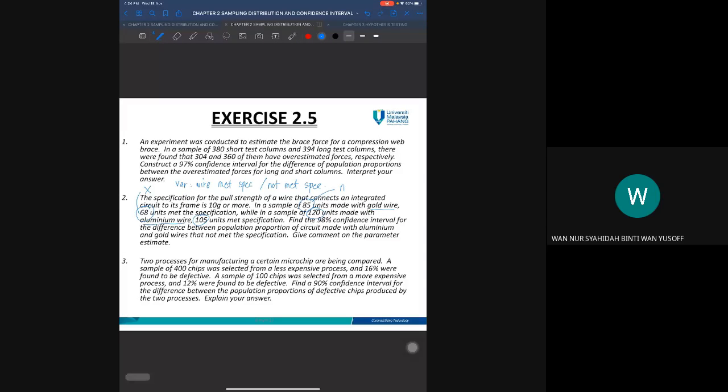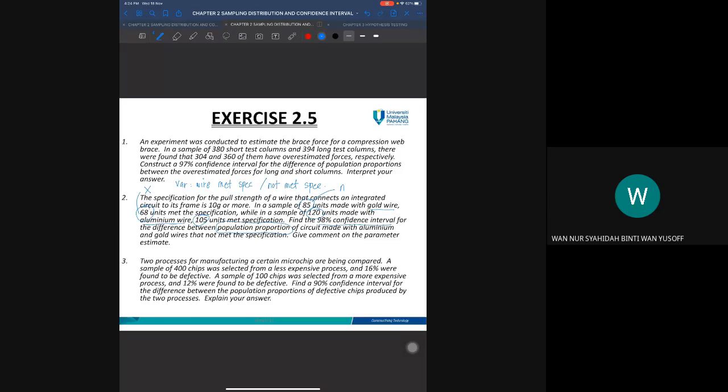So find the 98% confidence interval for the difference between population proportions. So it is clear that we need to find the confidence interval between population proportions. Sometimes the question would be about the percentage of something, okay, and when we have a percentage of something, it is a proportion.